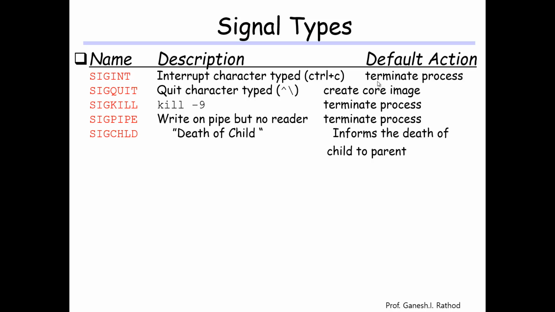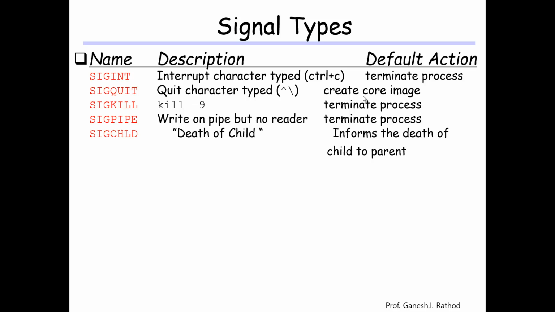The same thing happens with the quit signal. SIGQUIT is the name of the signal. Whenever you press Ctrl backslash, this type of signal is generated. The default action is also to terminate the process, but it terminates by creating a core image. A core image is a snapshot of what the process is currently doing.